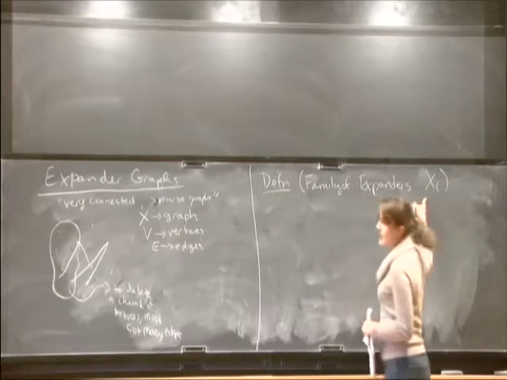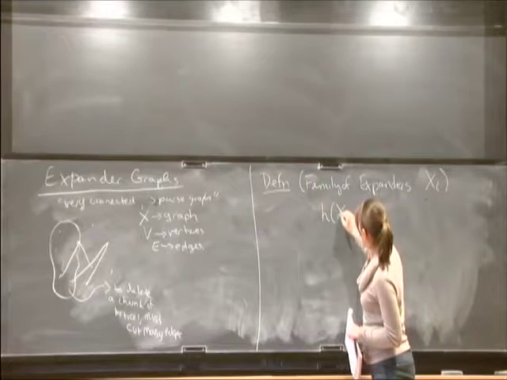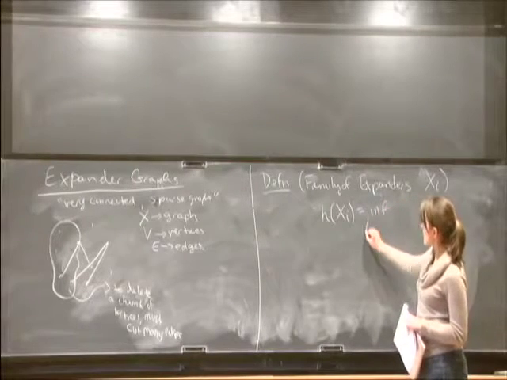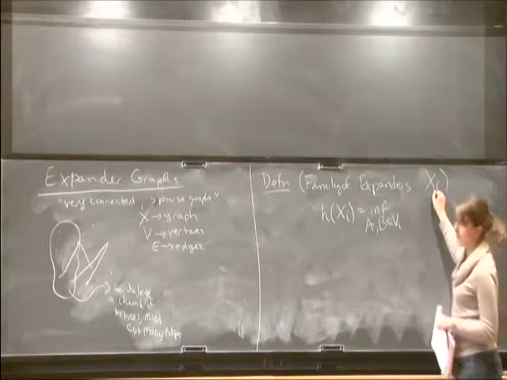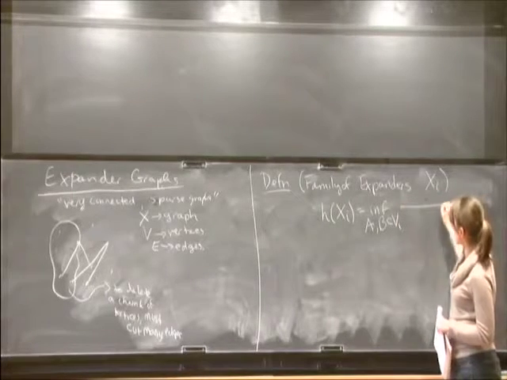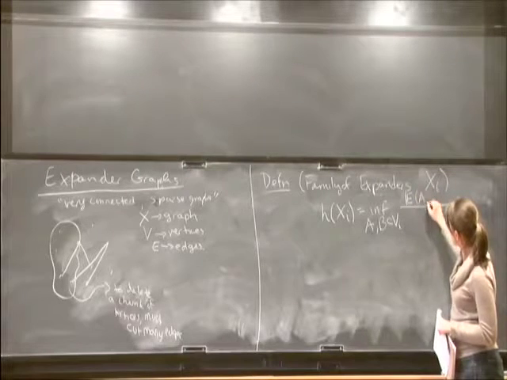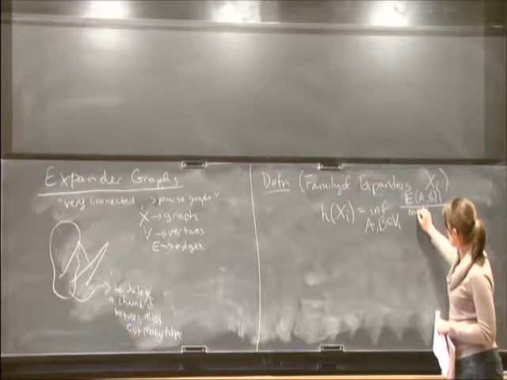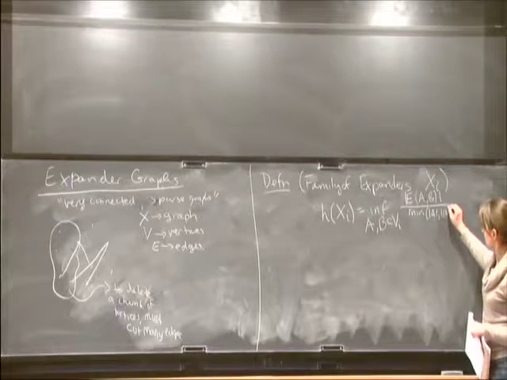And to each graph X_i, there's something called the Cheeger constant, h of X_i, which is the infimum taken over all subsets of the vertices of the graph of the following ratio. So you look at the number of all the edges going from A to B over the minimum size of A and B.